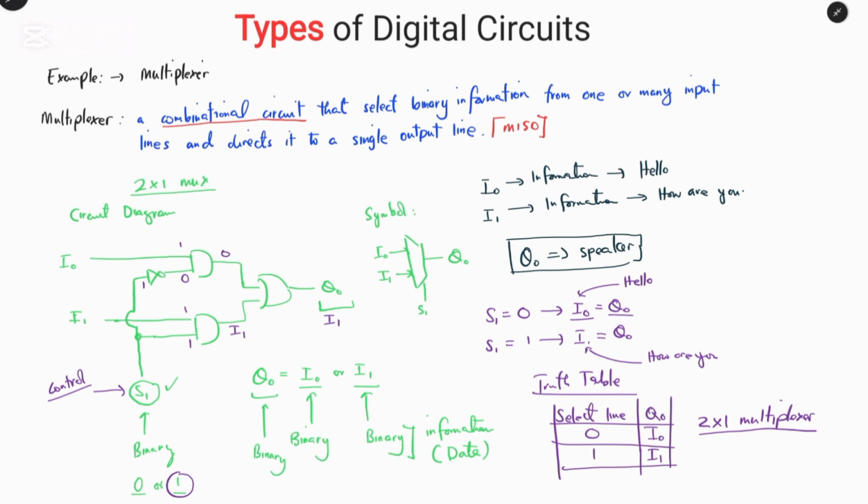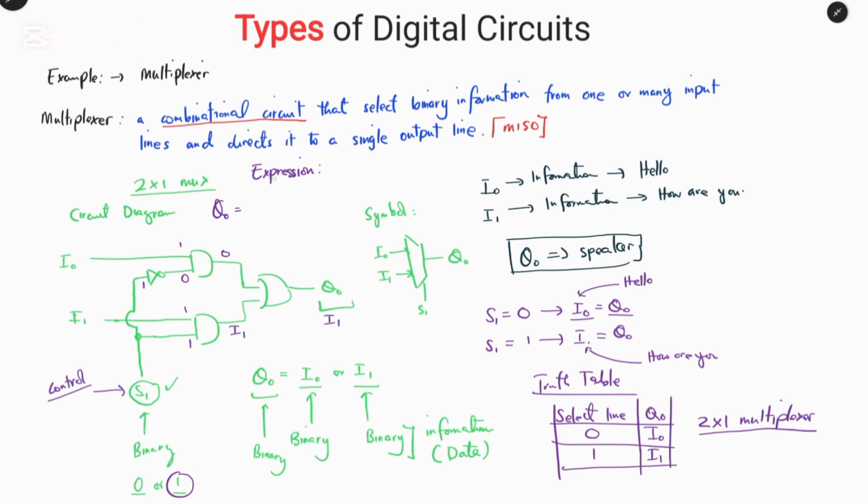So from this truth table, we can derive the algebraic expression for the 2 by 1 multiplexer. We all know that the output, which is Q0, will be equal to, from the circuit diagram we can derive the expression such that for the I0 we normally have the select lines.